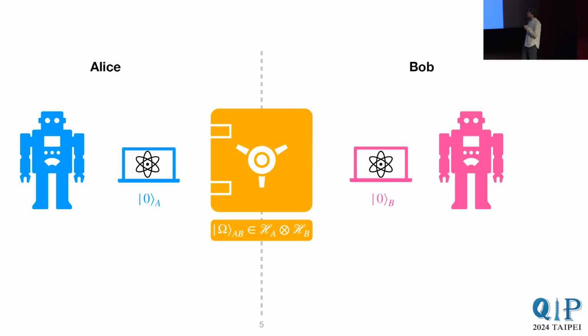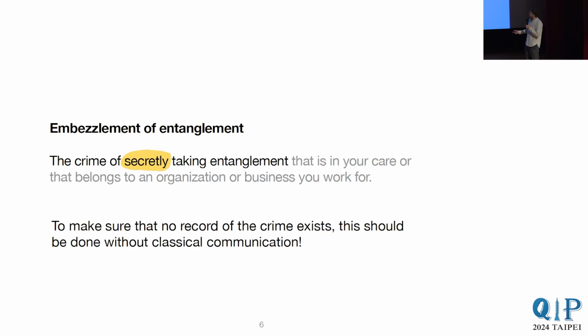Now, let me go back to the definition of embezzlement. One important word here is secretly. You don't want everybody to know that you stole money from your company, right? So in our scenario, to make sure that no record of the crime exists, Alice and Bob should do it without classical communication, because otherwise there could be an eavesdropper that just intercepts their classical communication and publishes it somewhere or tells it to the police, whatever.